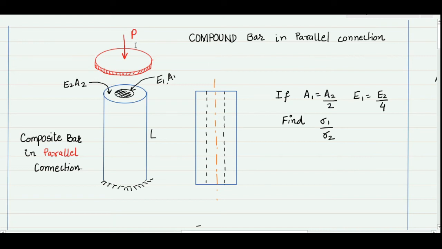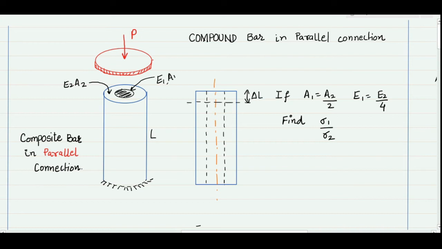So here the first thing you should understand is what philosophy you apply when you want to solve the problem of bars in parallel arrangement. What happens in the parallel case, if I apply the force P, both the bars are going to be subjected to equal deformation. That means the change in length, suppose after applying this force there is a compression in both the bars. So whatever change will be there for the first bar, the same will be for the second one.